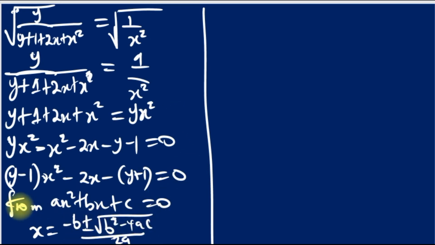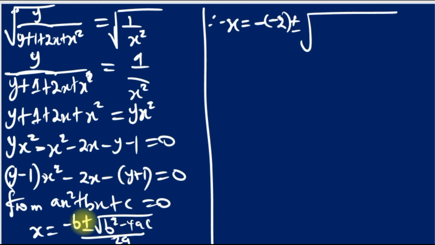So from our quadratic, if you compare, a is y minus 1, b is minus 2, c is minus y plus 1, which therefore our x now here is minus minus 2, plus or minus the square root of b squared, which is minus 2 squared, minus 4 times a, y minus 1, times c.